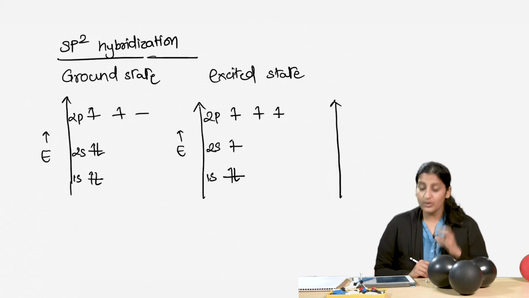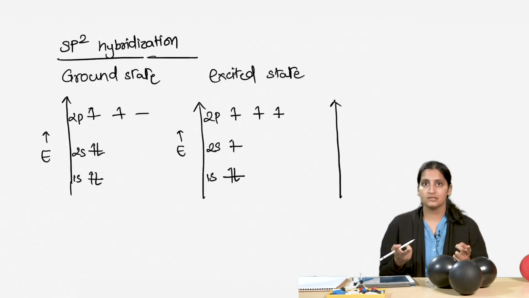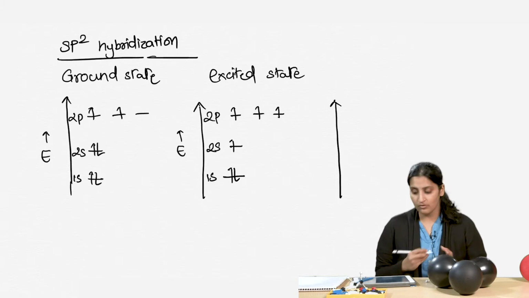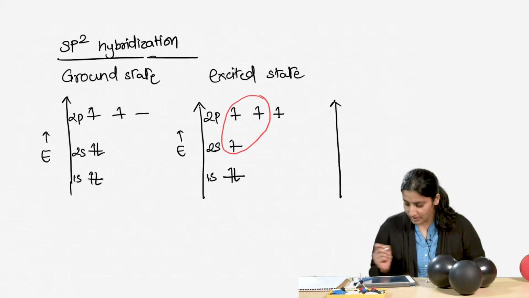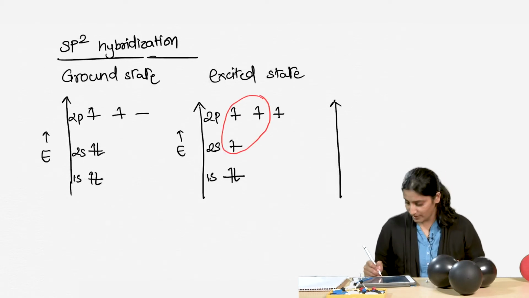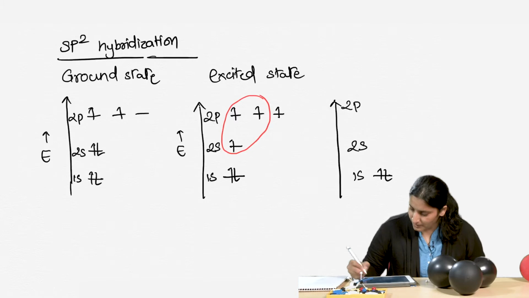So, in order to do sp2 hybridization, remember I have to take one of the s orbitals and two of the p orbitals. So, now let us combine one of these s and two of the p orbitals together to write down the hybridized state electronic configuration of carbon. So, I have one 1s orbital which is completely filled, then I have the 2s orbital and then I have the 2p orbitals.